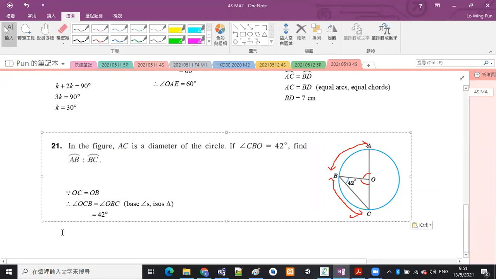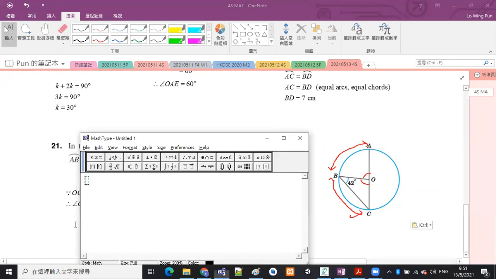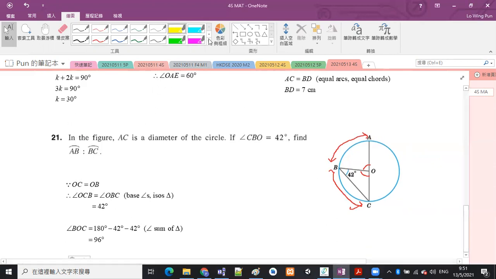Okay, and then angle BOC should be equal to 180 degrees minus 42 degrees minus 42 degrees. This is angle sum of triangle. So it should be equal to 96 degrees. So this one is 96.